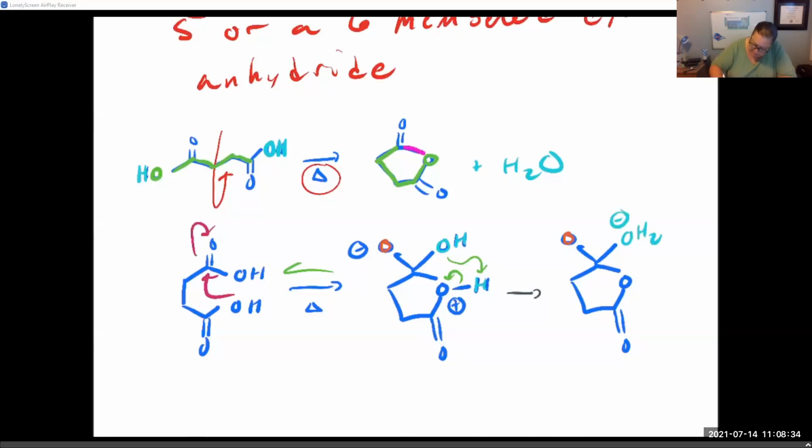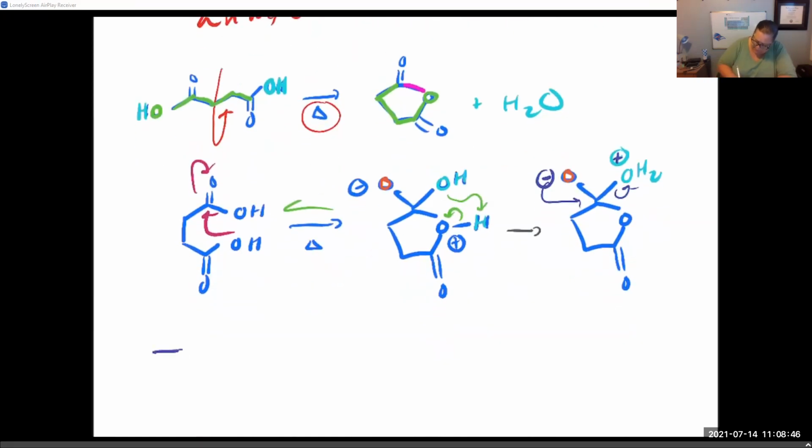And for whatever reason, my negative charge didn't come with it, but here we go. I'll just throw it on there. And now that should be a positive, obviously. And now we're going to reform our carbonyl and kick off water. And that's it. And so that's how we form our cyclic anhydride.